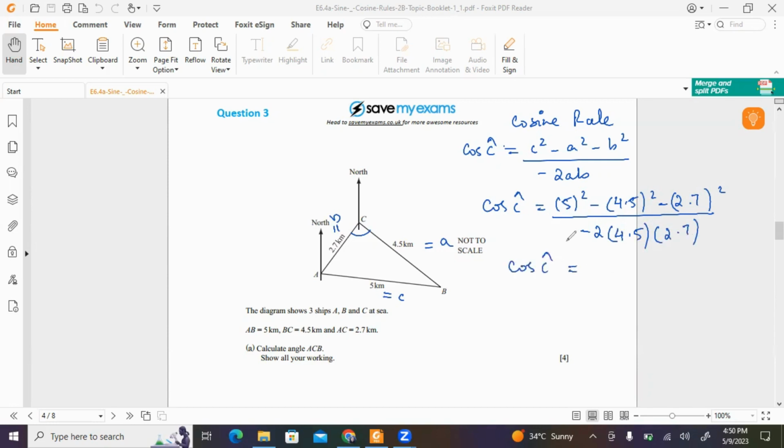Plug this into the calculator and find the value of the fraction. That's going to be 5 squared minus 4.5 squared minus 2.7 squared, divided by negative 2 times 4.5 times 2.7, which is 0.1045. We take cos inverse of that.